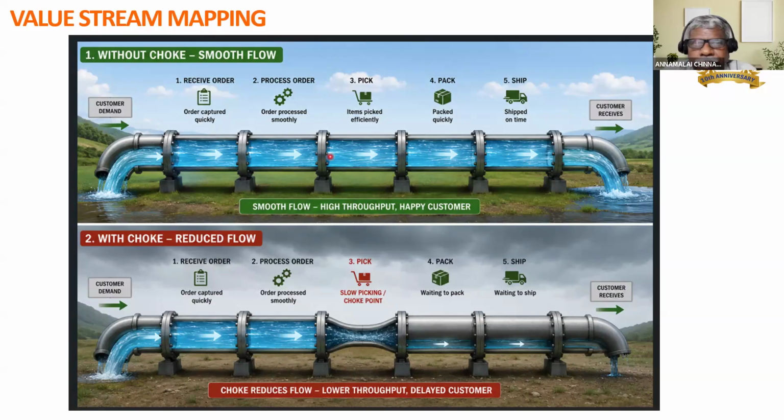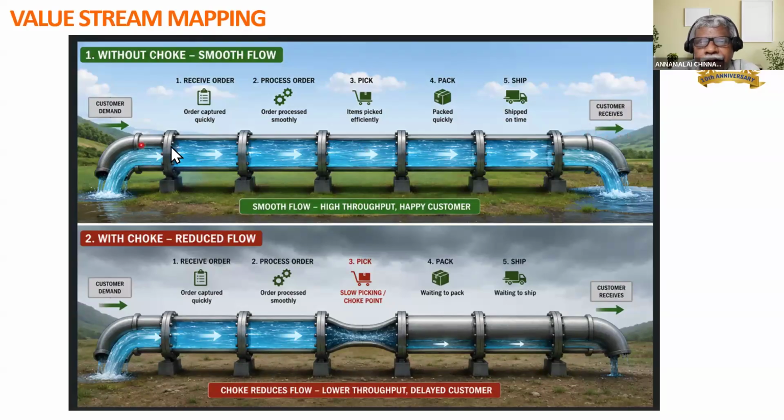If the customer is asking for the material and we take the raw material through the different stages of manufacturing or logistics without any choking, with a continuous flow of material, then we will be able to service the customer well.